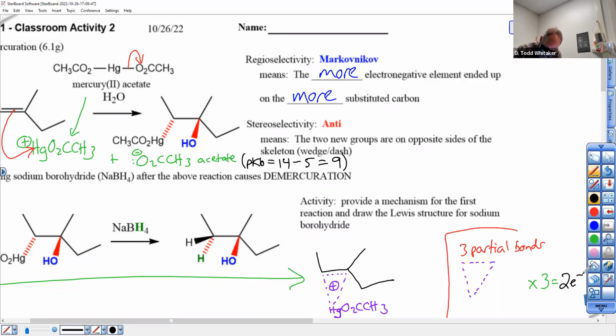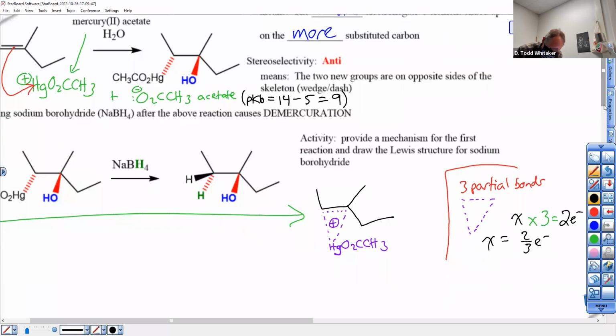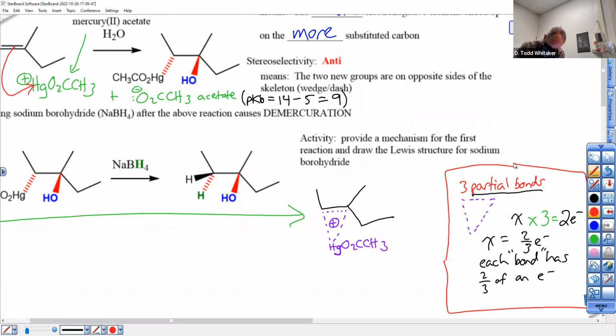The answer to our question. So each bond has this quote unquote bond. They're really partial bonds. 2/3 of an electron. That's a pretty weak bond, isn't it?